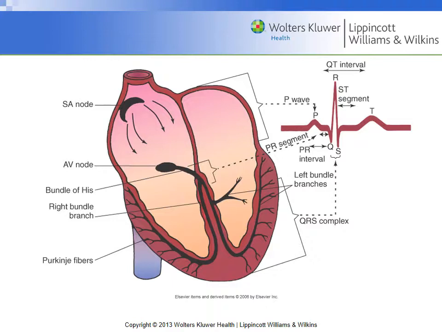The conduction from the bundle of His through the Purkinje fibers is the QRS complex, and that is the other major measurement that is done in EKG interpretation. So to sum up this slide, the most important things that you'll look at on this paper are the P wave, the PR interval, the QRS complex, and its measurements.